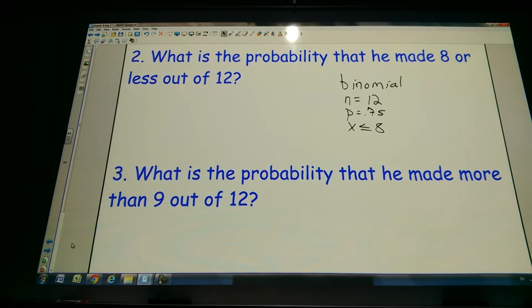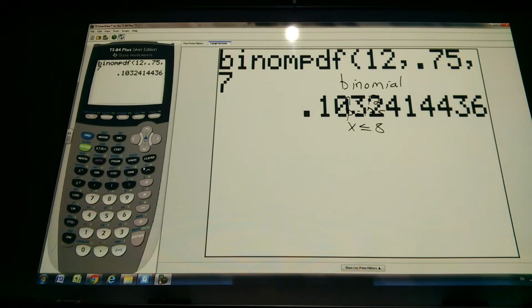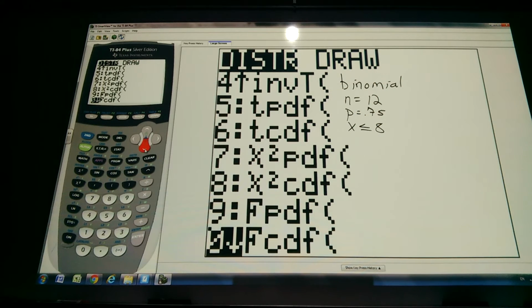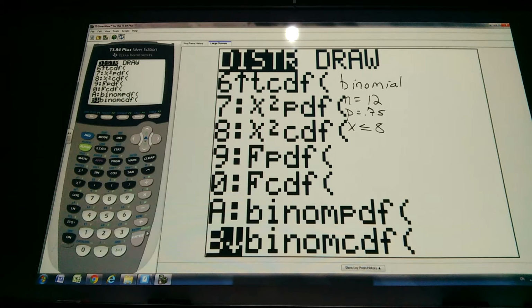So let's go back to our calculator. You're going to go second vars, and you're going to go back down to binomial. But this time, we're not going to do PDF, we're doing CDF. CDF stands for cumulative, and we are going to do that.